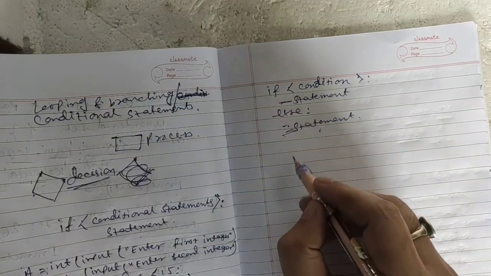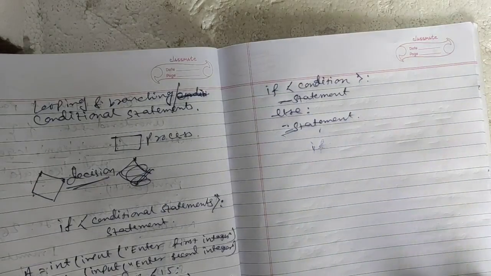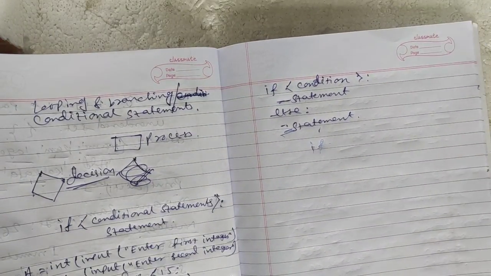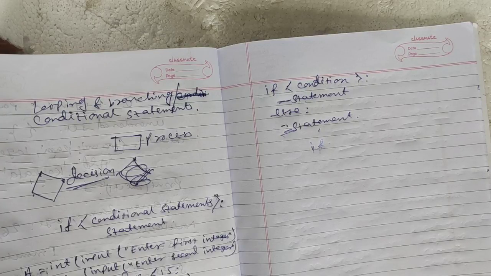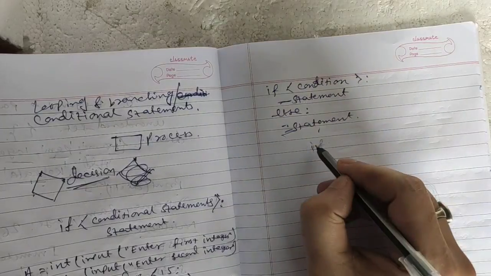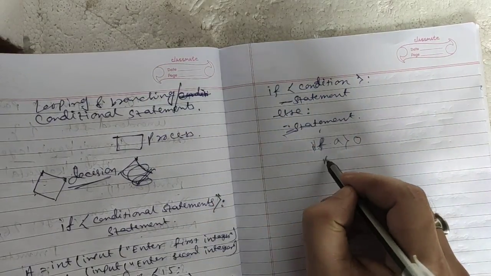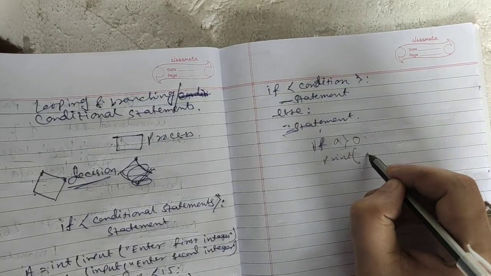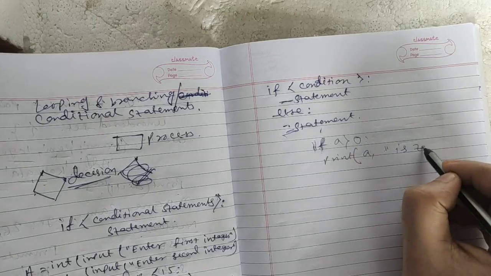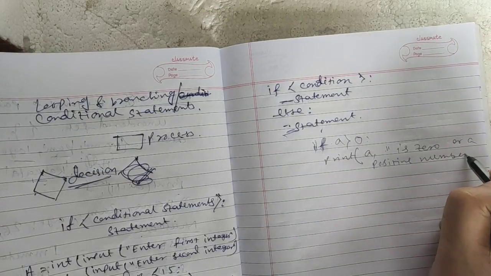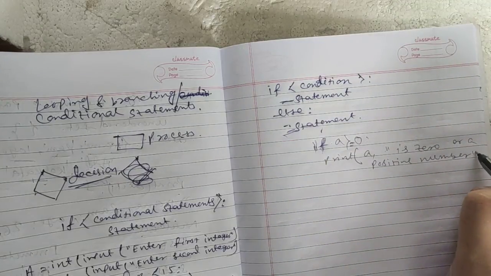Suppose you write in this way: if a greater than 0, then print a is 0 or a positive number, greater than or equal to 0, this kind of message.